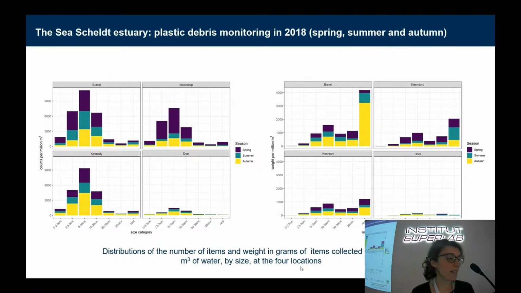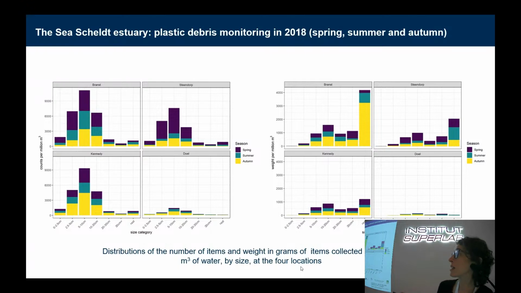What else did we do? This is what Andrea also asked: who was counting the plastic? Basically, yes, the plastic was counted and separated based on size category. And then, of course, we also weighed the plastic, for 3 seasons, for all these more than 12,000 pieces.